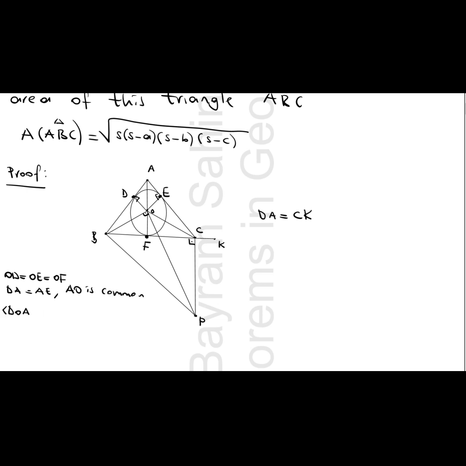So we conclude these two triangles, DAO and EAO, are congruent to each other.